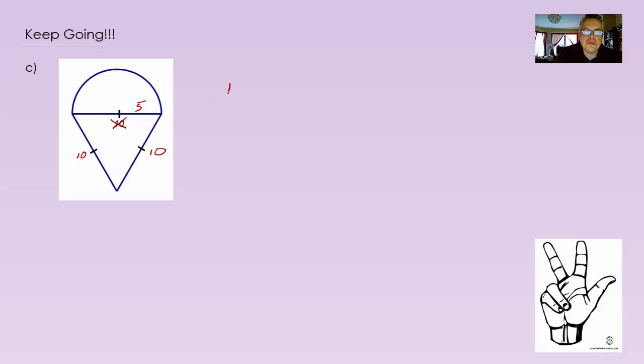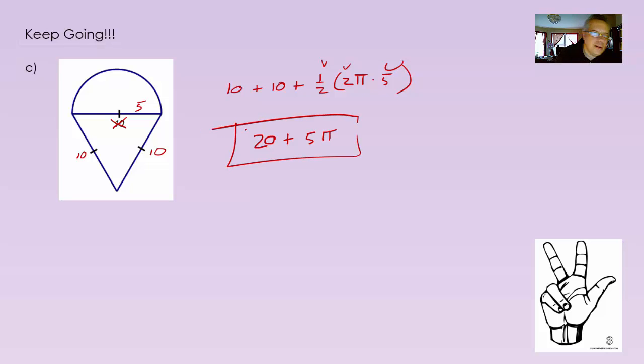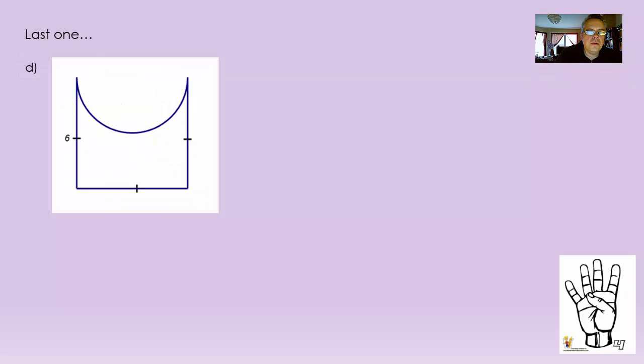We have the two straight sides, 10 plus 10, and we have half the circumference of a circle, so 1/2, 2 pi times the radius, which is 5. 10 plus 10 is 20, and 1/2 times 2 is 1, times 5 is 5. So this is going to be plus 5 pi. Done.